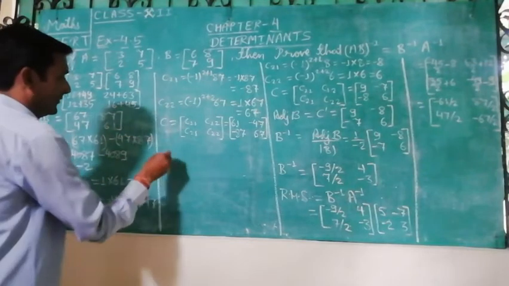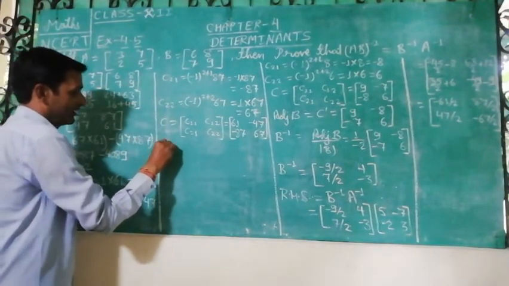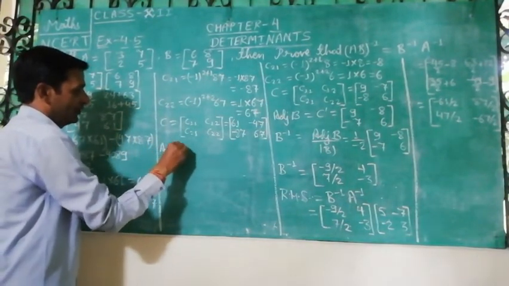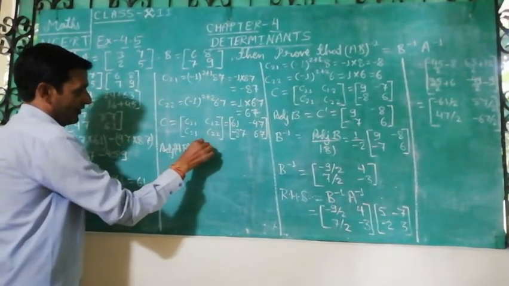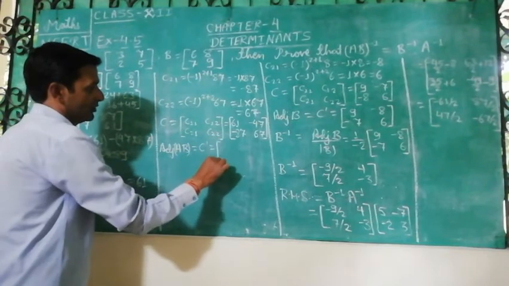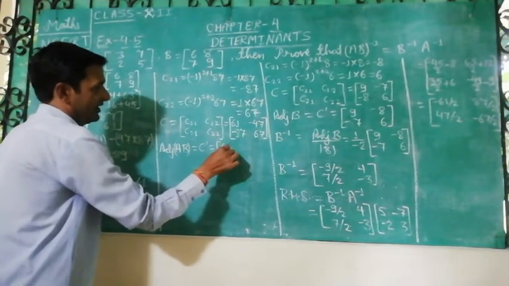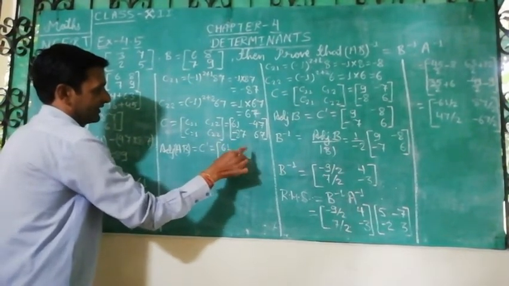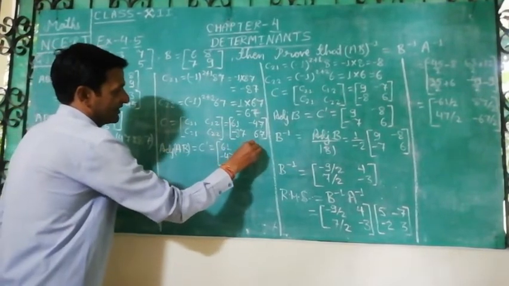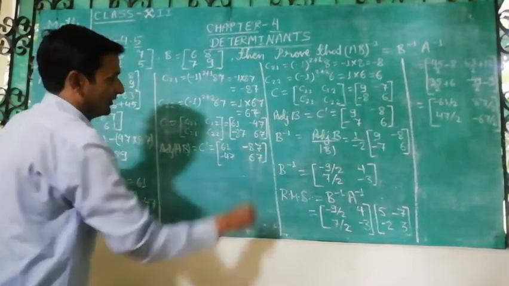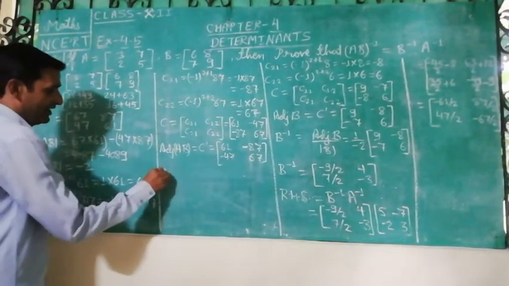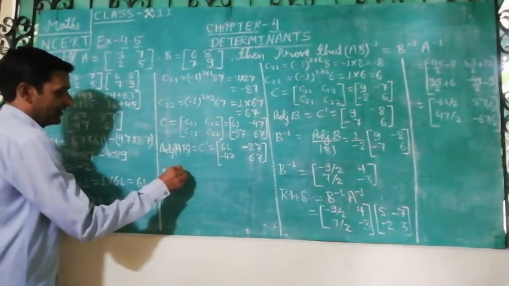So what is the adjoint of AB? Adjoint of AB is equal to C dash. So we have to write this 61, minus 47, and then minus 87, and then 67. Now AB inverse is equal to what?